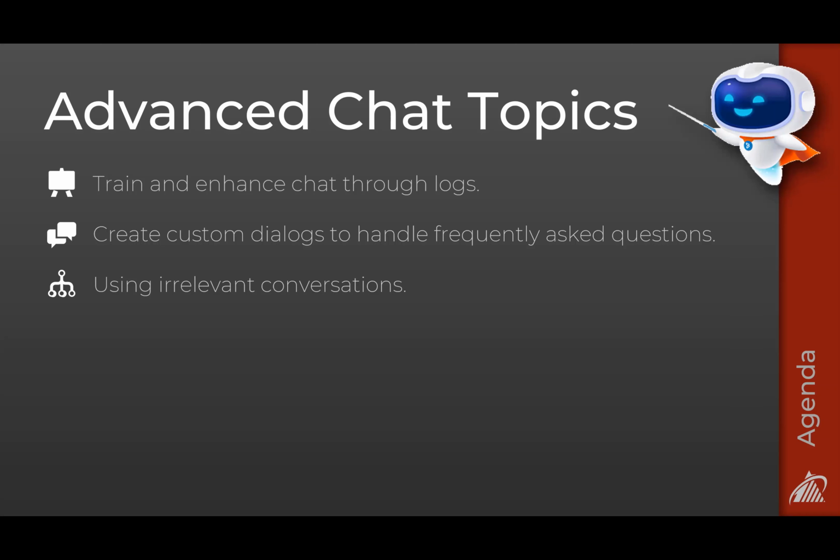That's not really the case. It does need some babysitting, especially initially after a launch. Then we'll dive into, and this should be the big draw, creating custom dialogues to handle frequently asked questions. We'll get into how to create custom dialogues inside of Watson. And finally, using the irrelevant conversations, which as it turns out, do not have to be irrelevant at all.